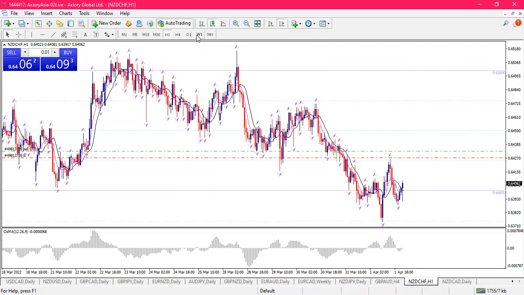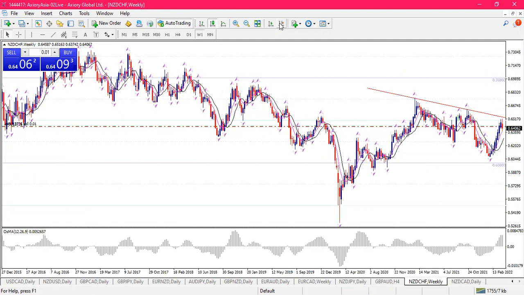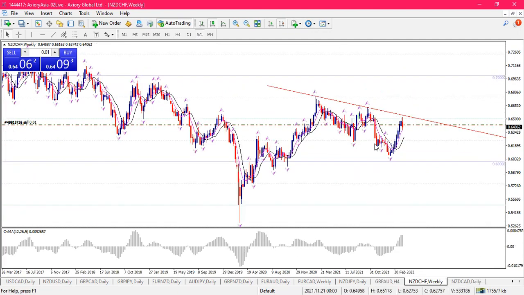Now under NZDCHF, let's see what is happening right here. We can see here that price almost got to 0.6000, but it didn't get there before coming back up and building up momentum for a buy right about here before a rejection candle is formed.